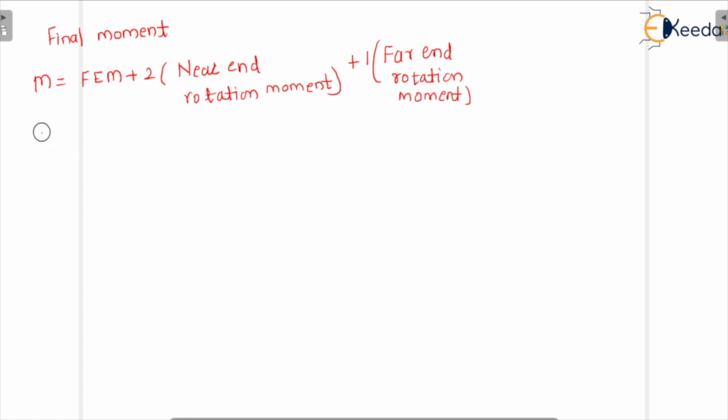Now let's calculate the final moment. So M of AB: the fixed end moment for AB is minus 25, plus 2 into near end rotation moment, which is 0, and far end rotation moment is 0.09.